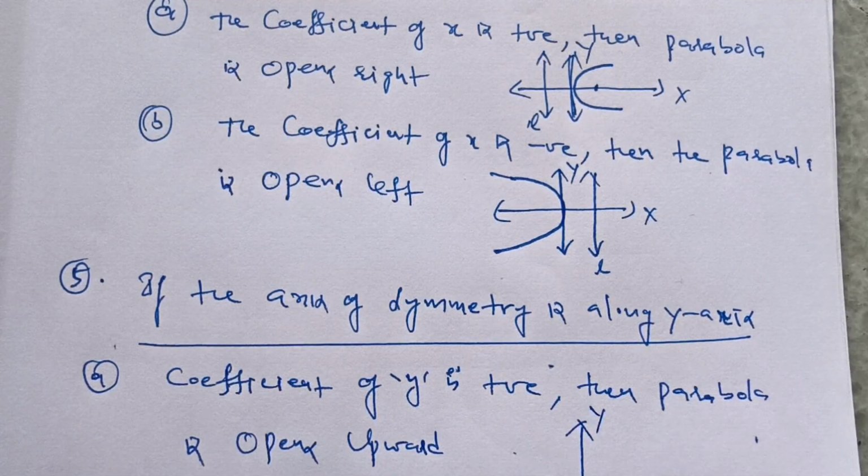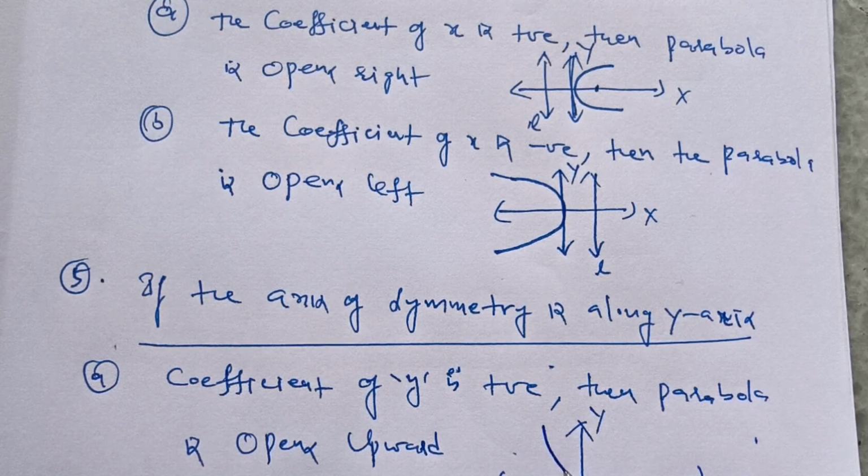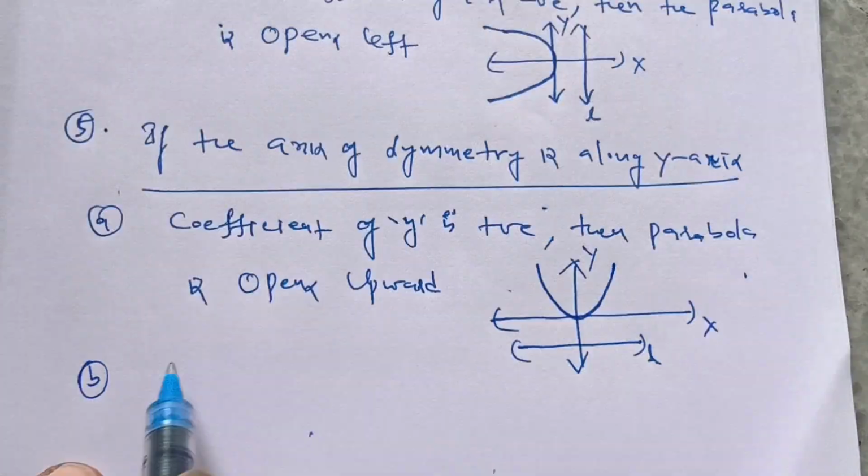This is the x-axis. The coefficient of y is positive, it opens upward. This is the directrix.